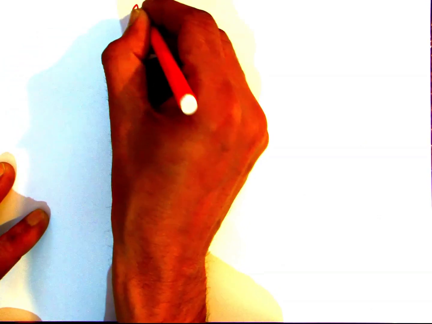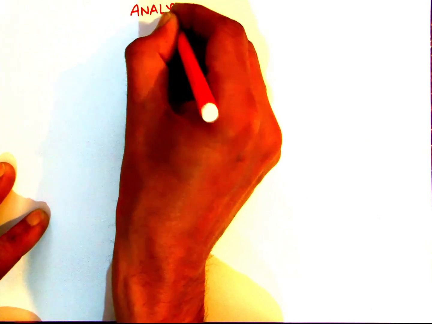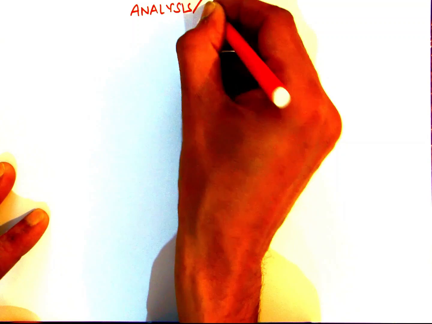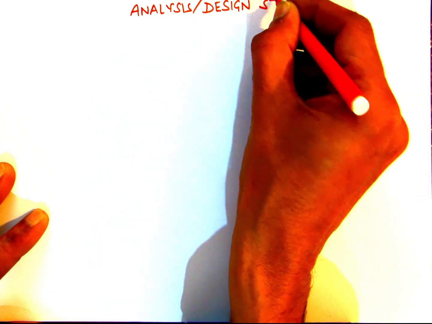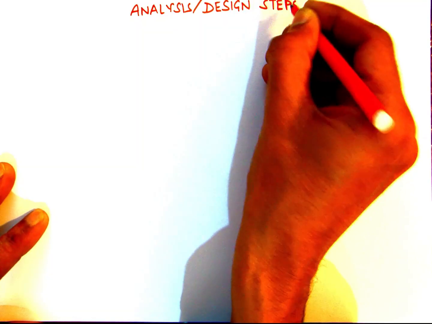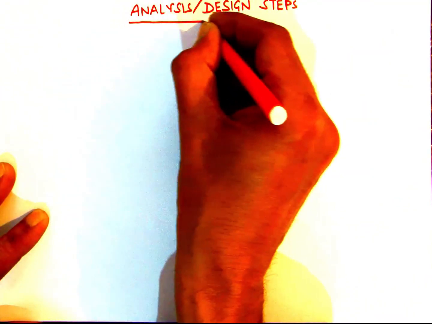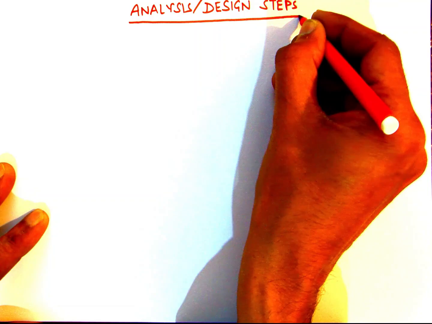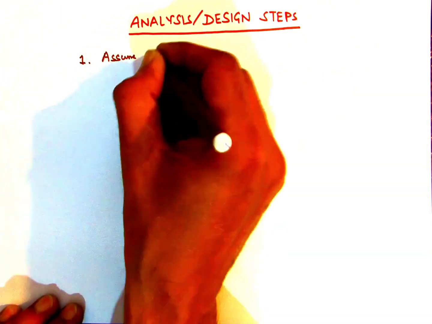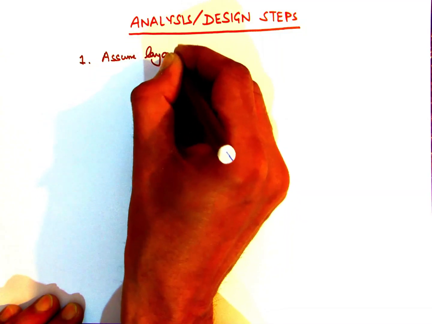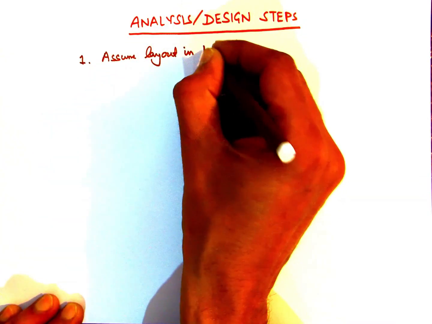The stepwise analysis design procedure is as follows. We will be doing a tutorial and shall be solving a problem so as to illustrate all the steps. The very first step is that we have to assume a layout in plan and elevation.